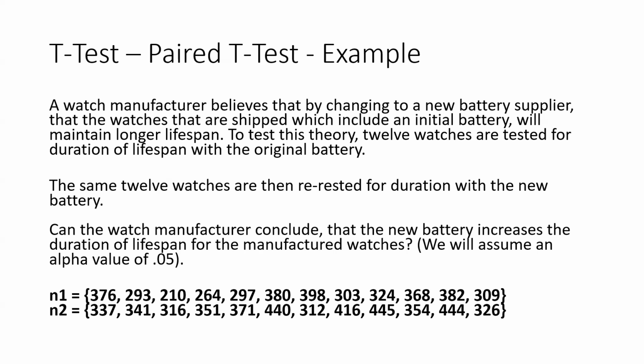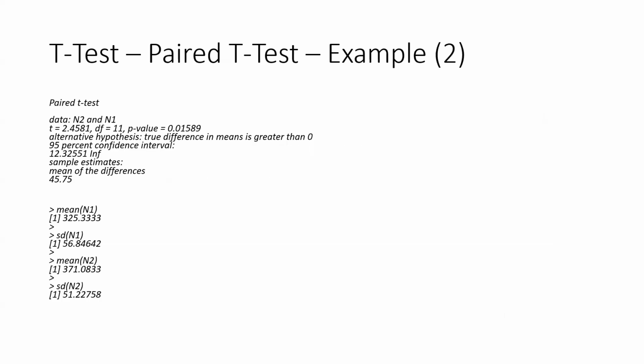So we have two observational groups. We apply the paired t-test. Here's our t-value, degrees of freedom, our p-value, which you can see is less than 0.05 if the alpha value is 0.05. Mean of the first series of observations, standard deviation of the first series of observations, mean of the second series of observations, standard deviation of the second series of observations.